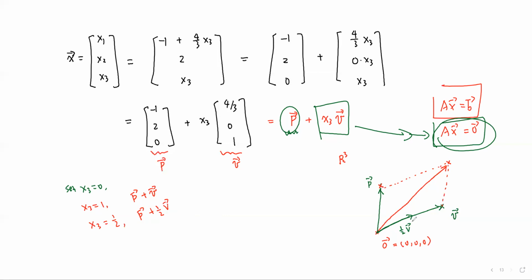P and 1/2 V span a parallelogram, and the diagonal is the sum. This point is a solution. So pick different values for x3.